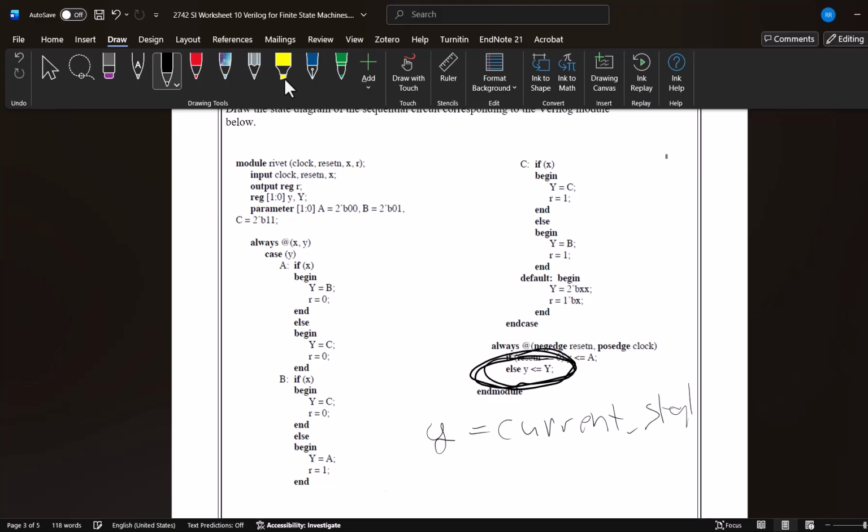That's the state that you're in. All of this always block is calculating is capital Y, but you don't actually change states. You say what your next state is going to be if you ever get around to going to another state. And you only get around to that when you have a positive edge of a clock. And when you have that, it says, okay, your current state is equal to whatever you calculated it was going to be up in that first always block.